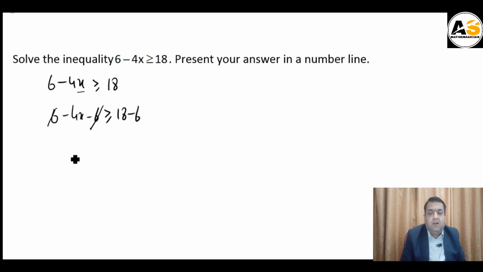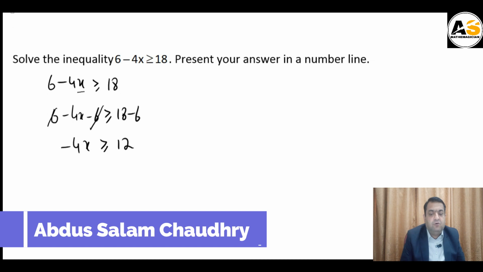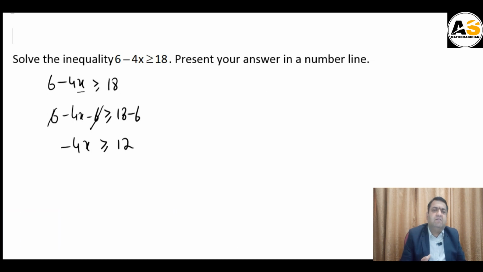It will cancel out with 6 and we will be left with minus 4x is greater than or equal to 18 minus 6, which is 12. This is our first target in solving any inequality. We have to remove any constant on the side of x so that only x remains there.